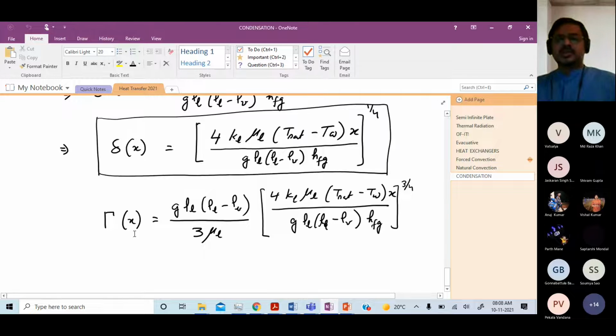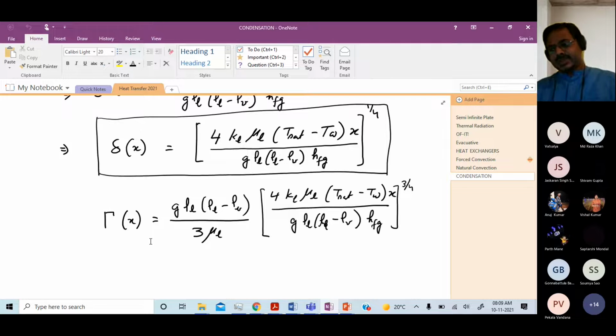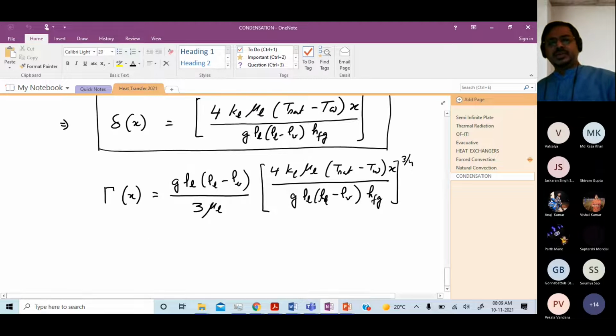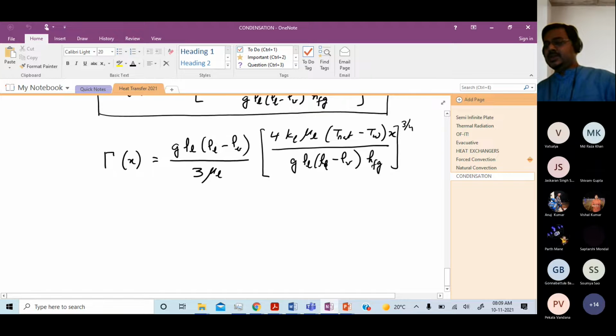And similarly, if I take a certain distance x, what is the flow rate of the condensate?